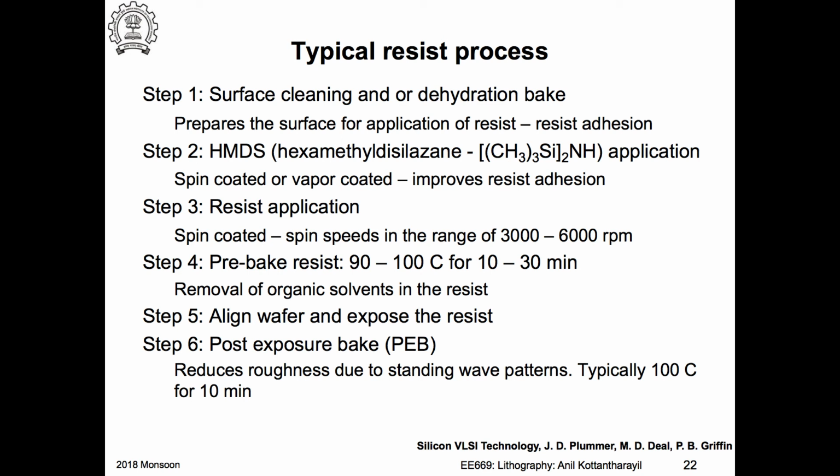These are some typical things used for removing the photoresist. Isopropyl alcohol can be used, acetone can be used, or there are also resist removers, again provided by the photoresist manufacturers, so that can be used.